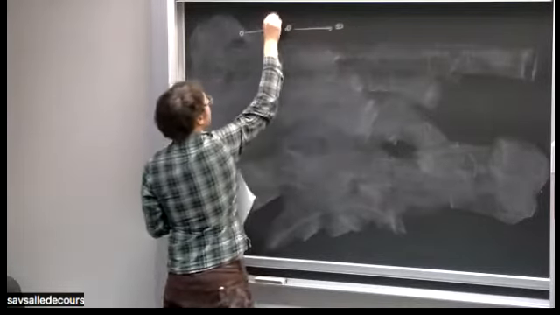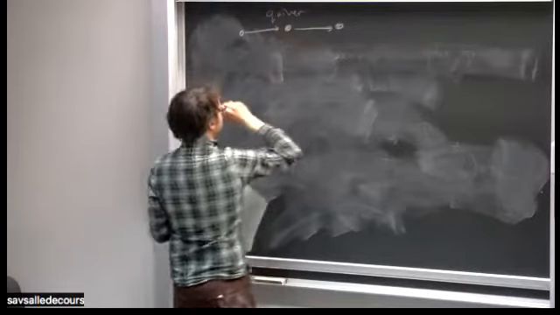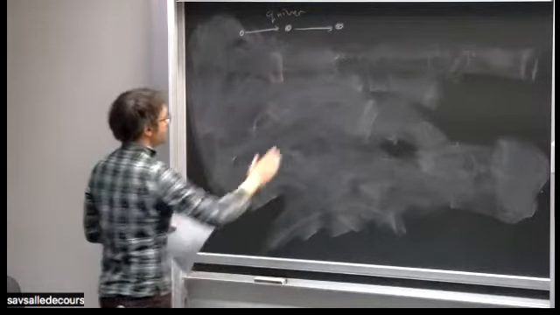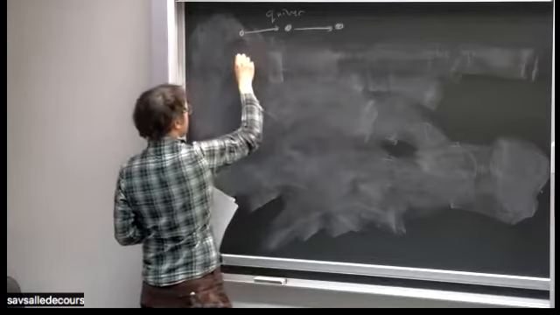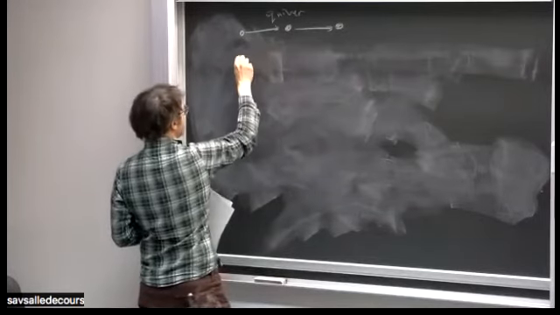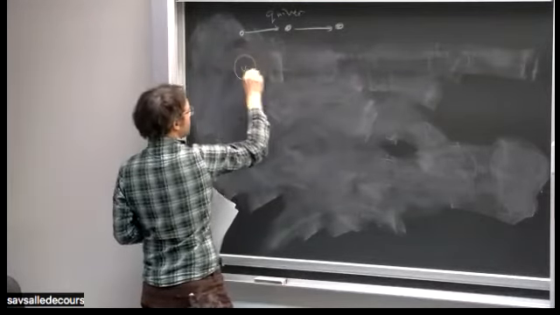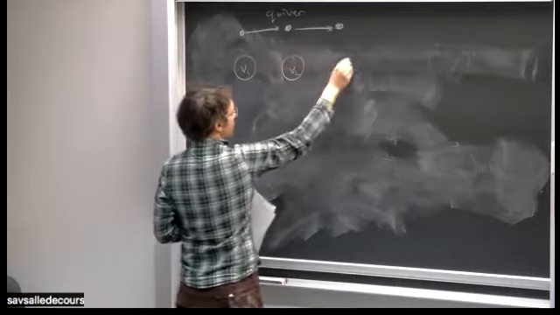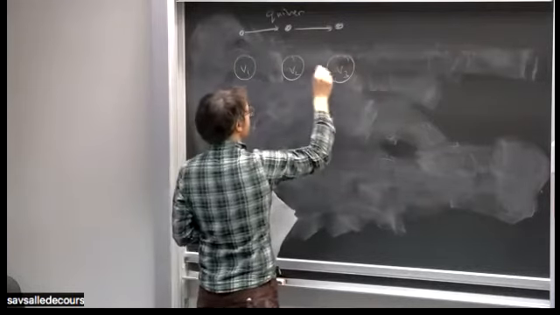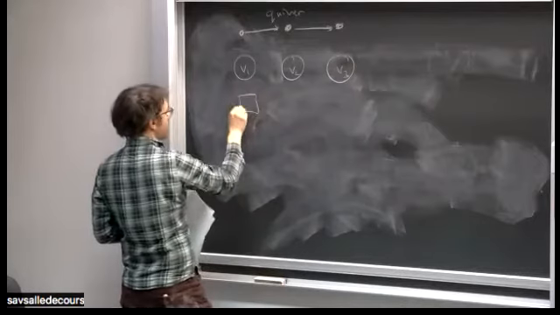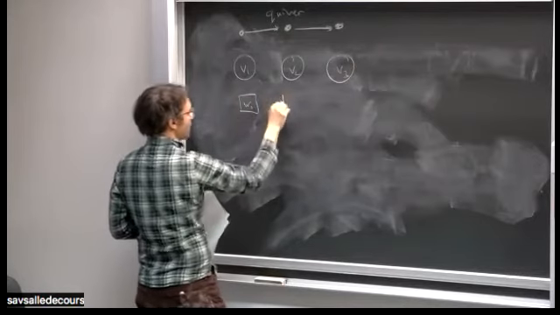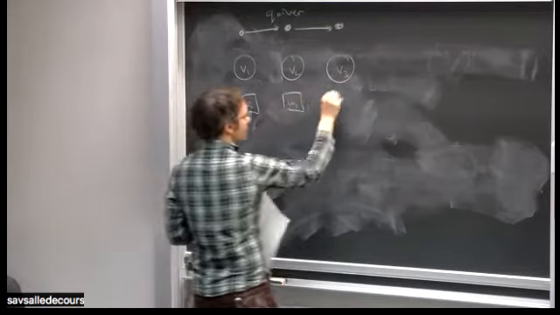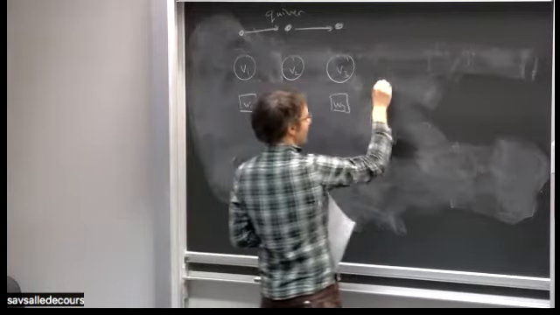That's my quiver. And then I choose two what are called dimension vectors. What I do is I choose two numbers for each of these vertices. One set of numbers I'll put in circles, the other set of numbers I'll put inside of squares. These are just positive integers.